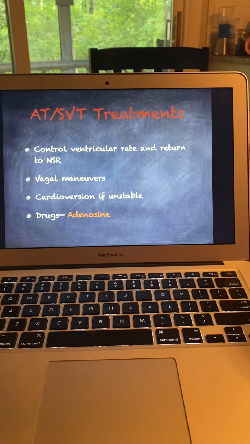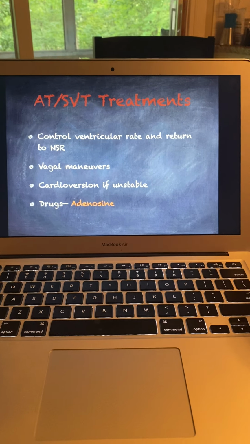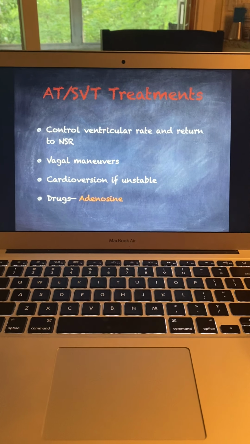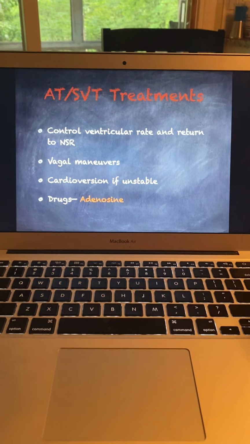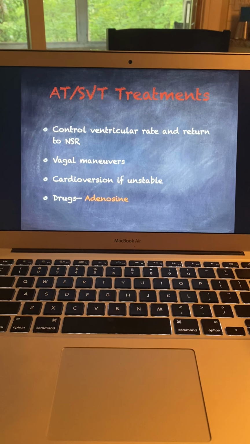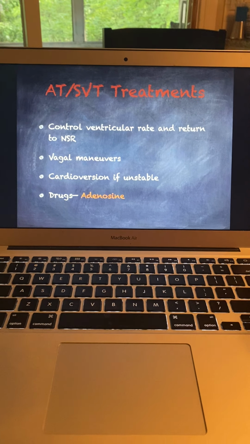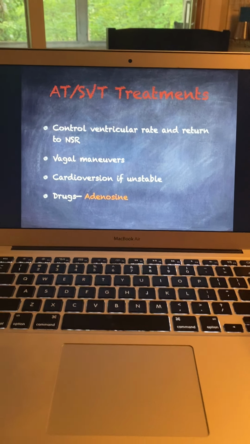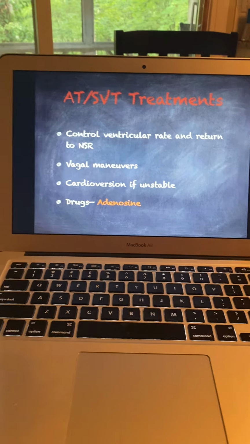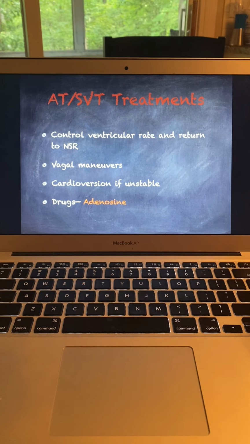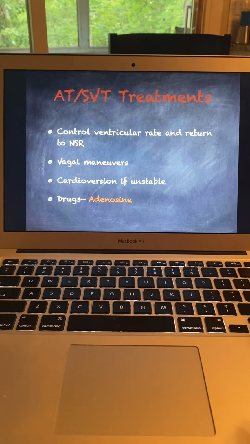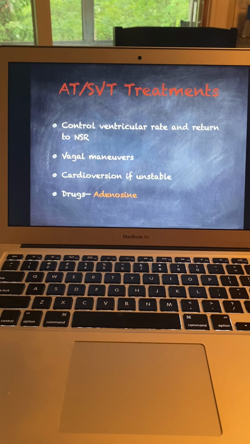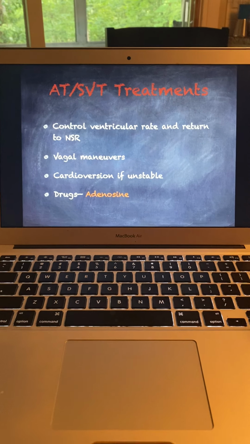Treatments for atrial tach and SVT include controlling the ventricular rate and then returning them to a normal sinus rhythm. Vagal maneuvers: if you have a patient in SVT and they're maintaining a pulse and an adequate level of consciousness, some things you might ask them to do are: 1, pretend like you're pushing out a baby; 2, pretend you're having a bowel movement; and 3, you can give them a straw and have them blow into that straw as hard as they can.